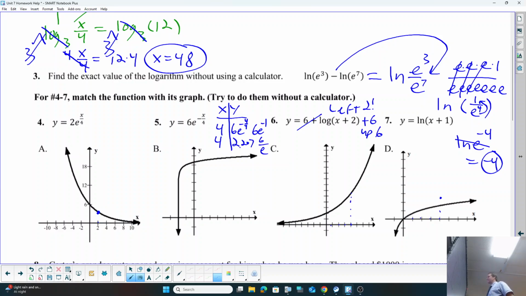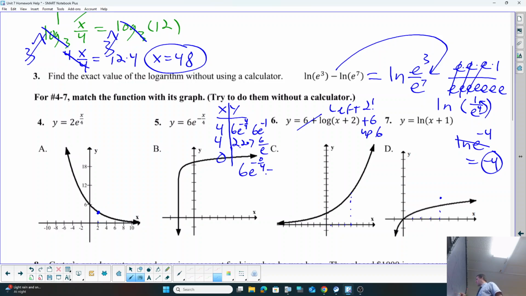That looks about right. What do you think? Well, let's see. What's the y-intercept? So I think we could try one more value there with our xy table. Let's try 0. What if x equals 0? That's always a good thing. So you get 6e to the negative 0 over 4.